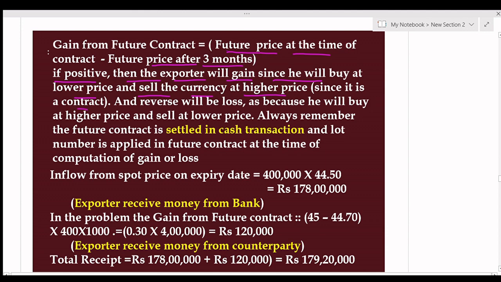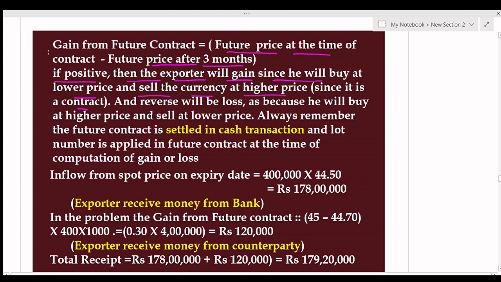See, if the future price at the time of contract is higher than future price on expiry date, then he will gain because he will buy the currency from market at lower rate than the spot future rate.